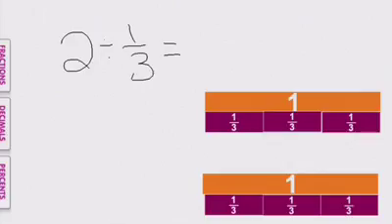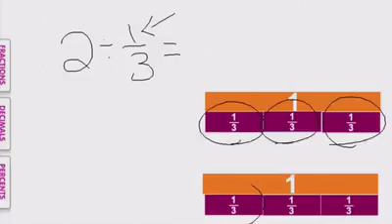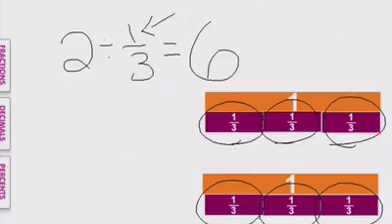Now, since our numerator is 1, okay, I'm going to circle these in groups of 1. Okay, so each 1/3 piece is its own group. Now I'm going to count how many groups I have. 1, 2, 3, 4, 5, 6. So we can say that 2 divided by 1/3 equals 6. Go ahead and take a picture, screenshot, drop that into GoodNotes.